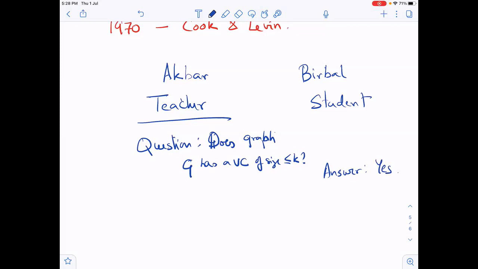Okay, very good, you have got the answer. But now my question is that I am not accepting it. Why? Prove it. How will you prove it? Think about it. If I give you a graph and ask you to prove, and you claim that the vertex cover is of size less than k, how will you prove that thing?